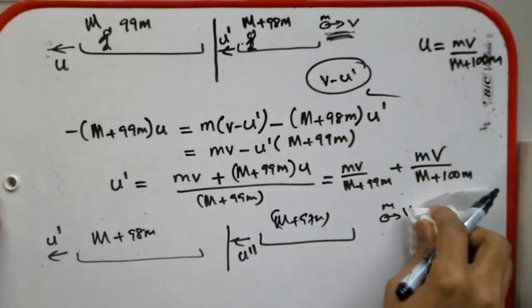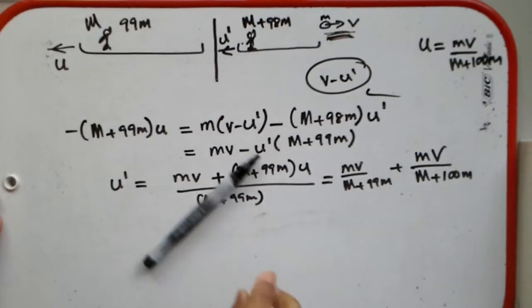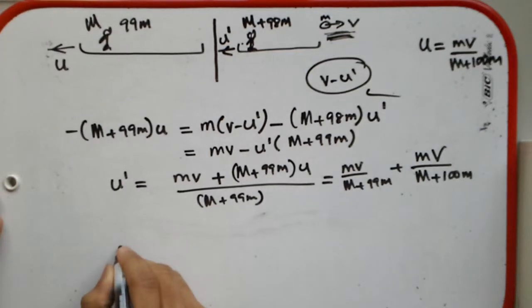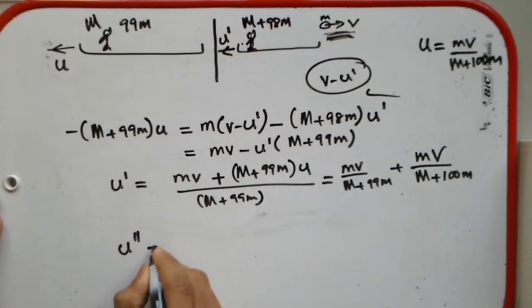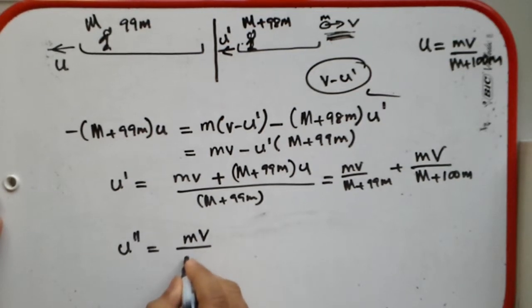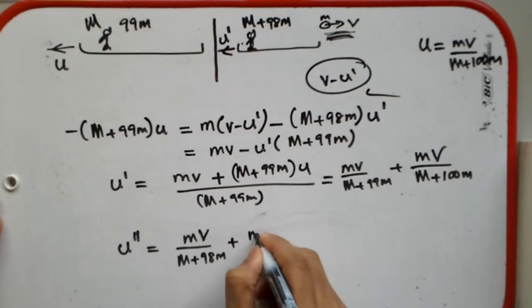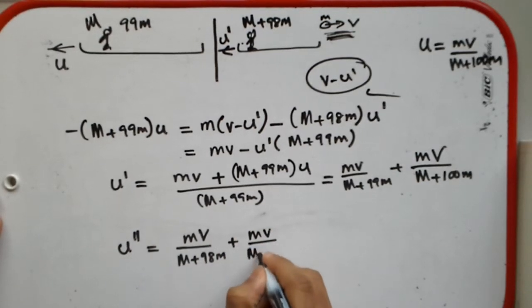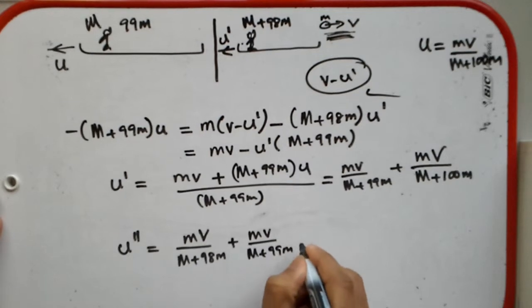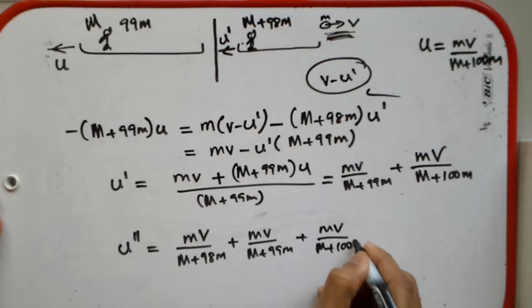When you do this, trust me, you will obtain u double prime as mv by M plus 98m, plus mv by M plus 99m, plus mv by M plus 100m.